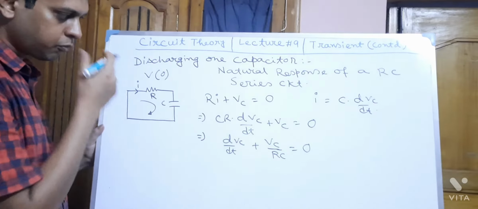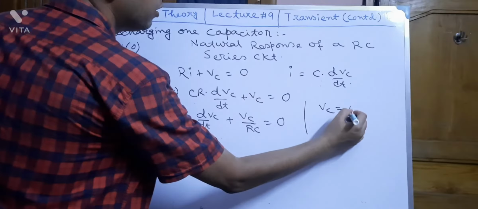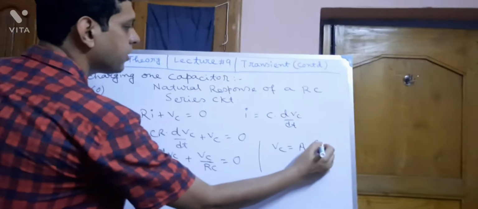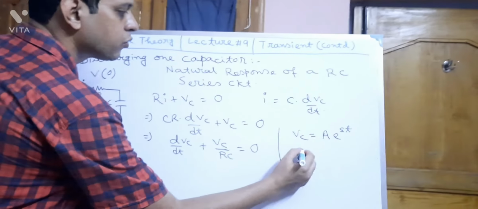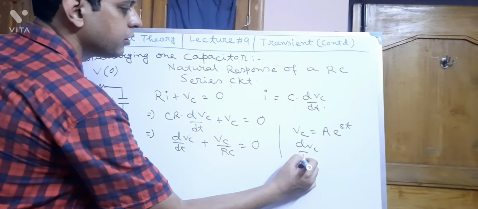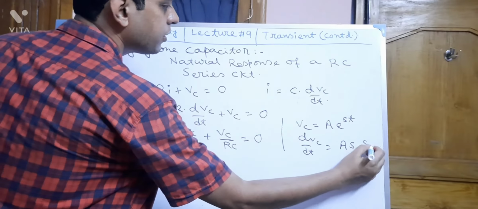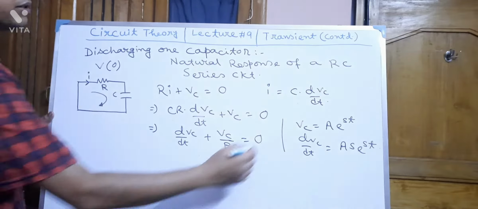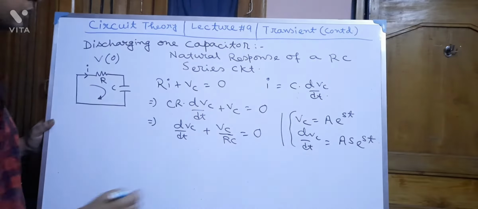Now for this type of equation, we have to assume Vc is equal to A e to the power st. So dVc/dt equals As e to the power st. Let us replace Vc and dVc/dt from these two equations.